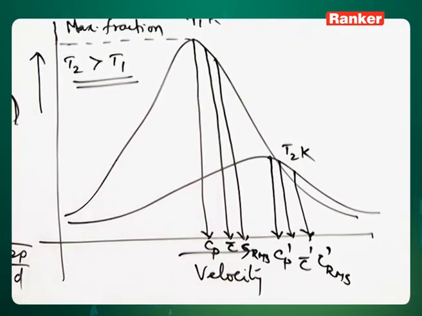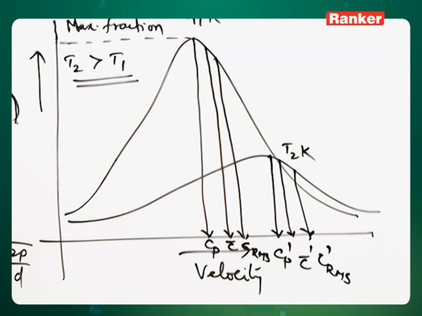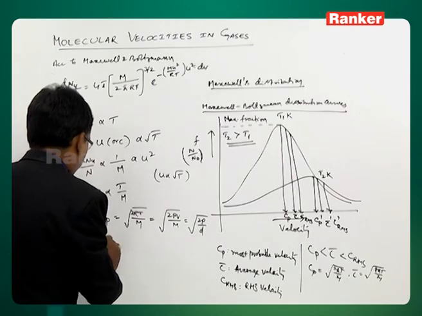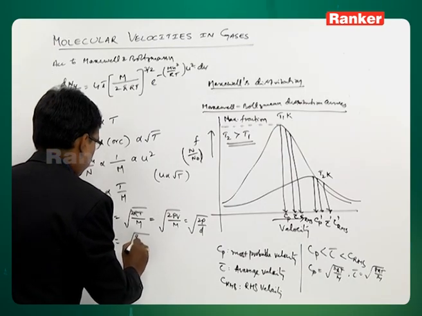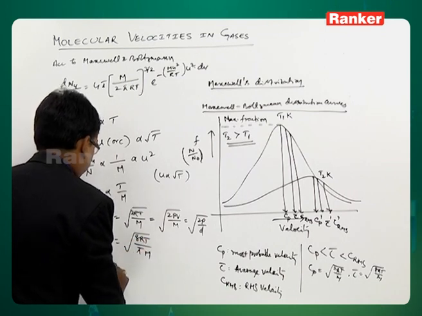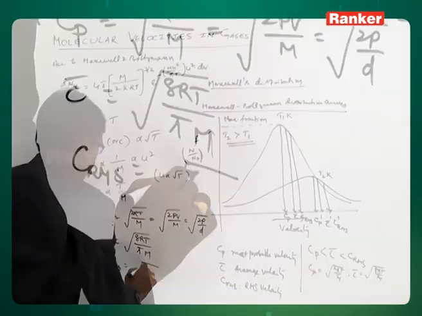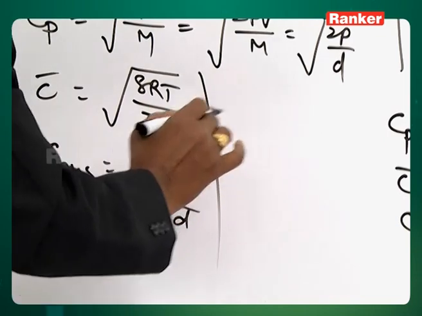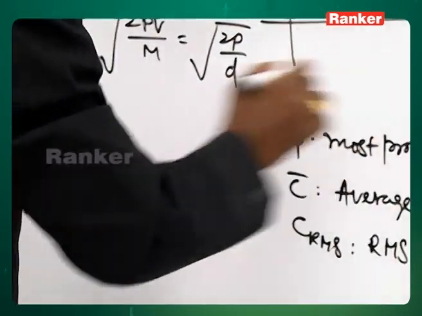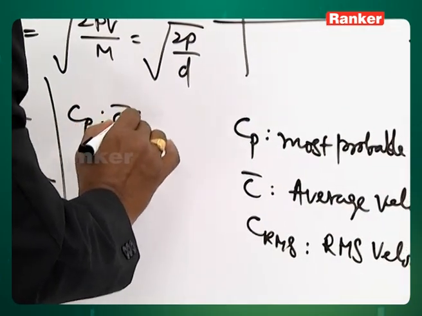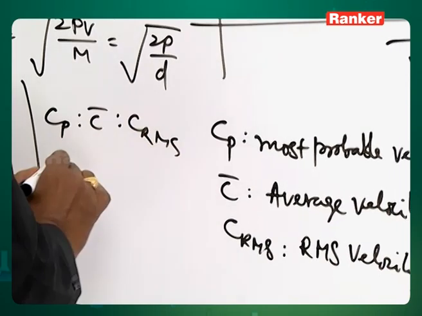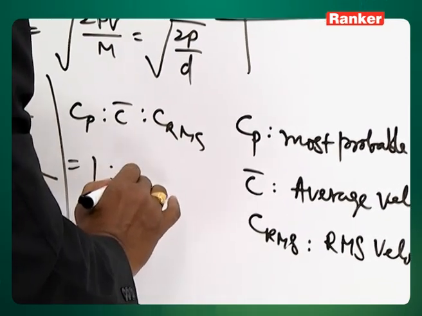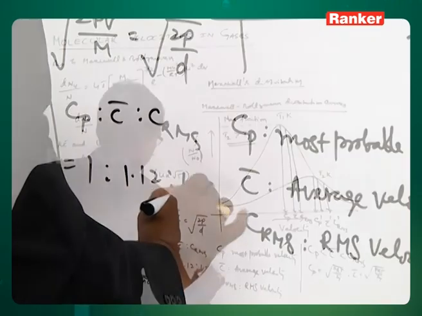From this all the relations have been derived, and finally the equations for Cp, C bar and Crms are given. We already know that Cp is to C bar is to Crms is equal to 1 is to 1.12 is to 1.22.